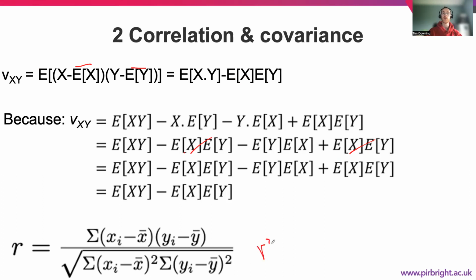So r squared therefore is equal to the variance of x and y. So the variance of xy there, and that we have in the denominator the variance of x, and then also the variance of y. So that's our formula.